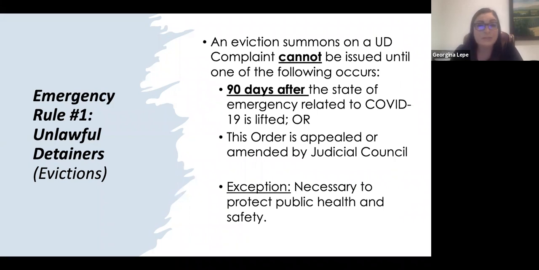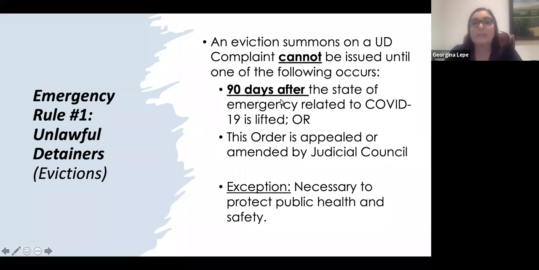I've been looking to see if there's anything online, but at this moment, there's absolutely nothing online that indicates when the voting will take place. It may never take place. So obviously this order can be amended by the Judicial Council, and that was the purpose of their meeting earlier this month, but it was useless because they didn't end up voting.